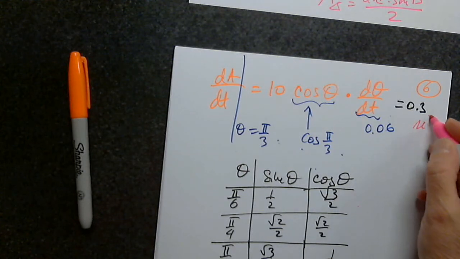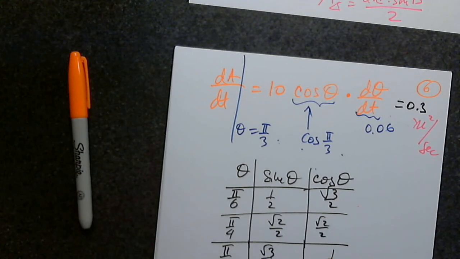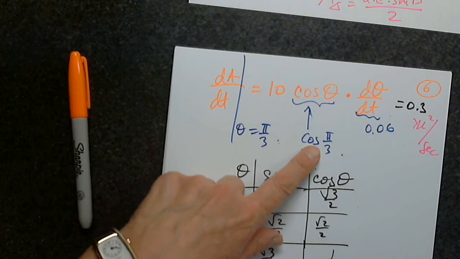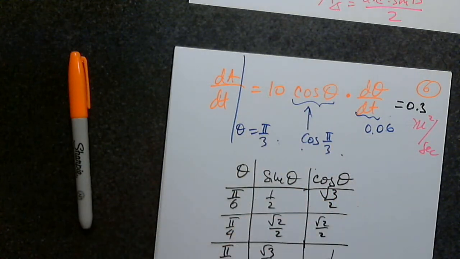Meter squared per, that's it. Say it again. 10 times 1/2 is 5, and 5 times 0.06 is 0.3.